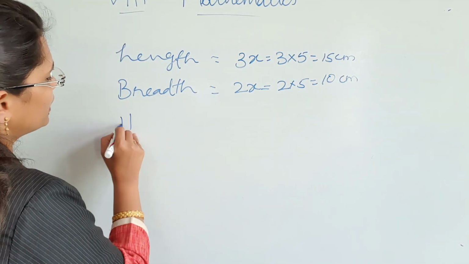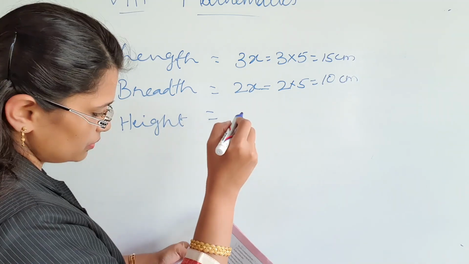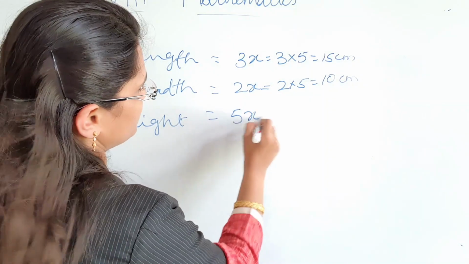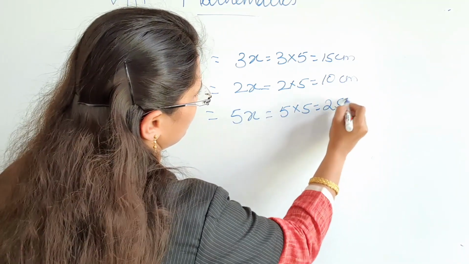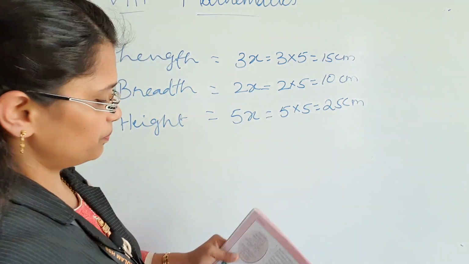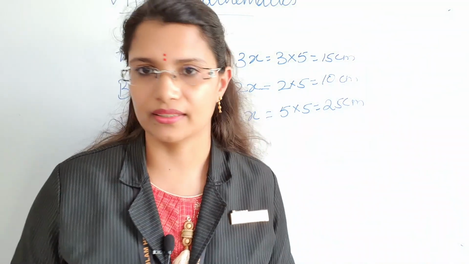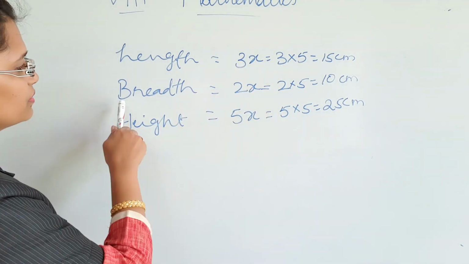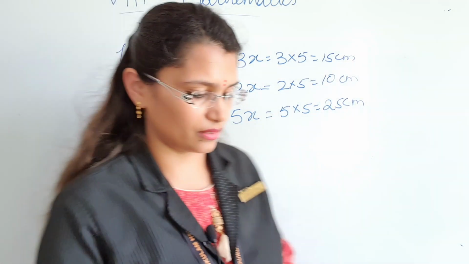And then height is equal to 5x is equal to 5 into 5 is equal to 25 centimeter. So the question is calculate the length, breadth and height. Length is 15, breadth is 10 and height is 25 centimeters.